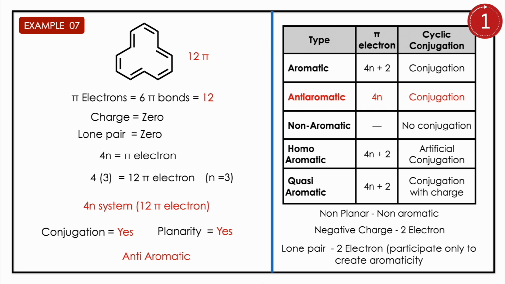The system is conjugated, alternate single and double bonds, planarity also there. By the Huckel rule, 4n conjugation, planar mean anti-aromatic compound.